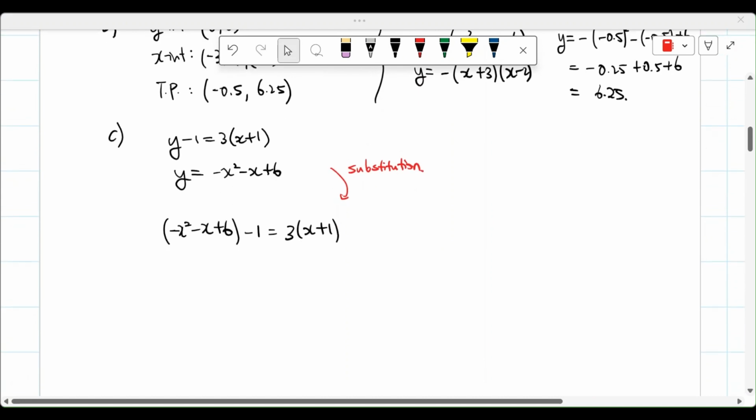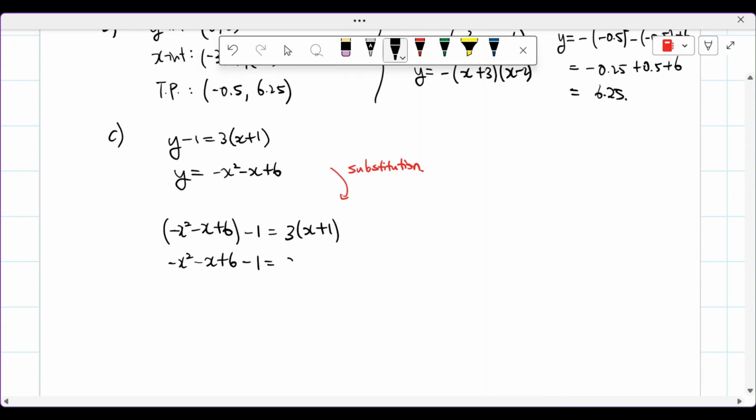Let's expand everything and simplify it. Negative x squared minus x plus 6 minus 1 equals 3x plus 3. So that's negative x squared minus 4x plus 6 minus 1 minus 3. So that's 5 minus 3, plus 2. Plus 2? Indeed.